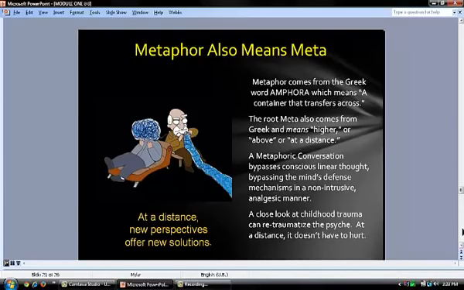In other words, using the subconscious mind, we can provide solutions and conclusions not evident before. Also, metaphoric conversations can bypass the mind's natural defense mechanisms in a safe, non-intrusive, and analgesic fashion. Analgesic meaning less painful than it would have been otherwise.